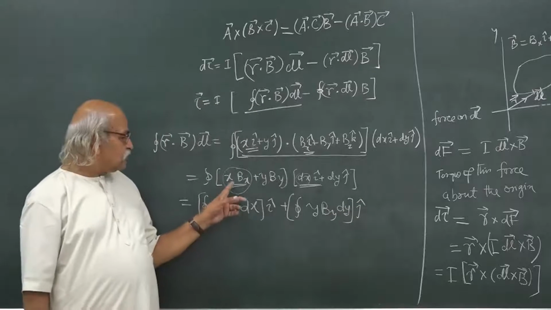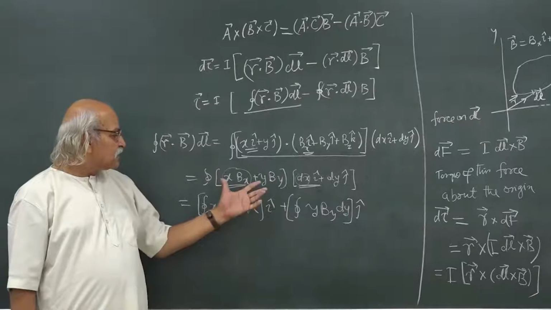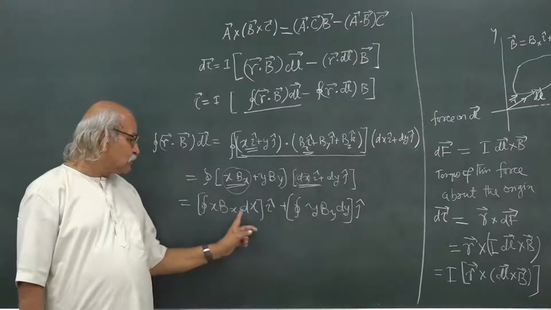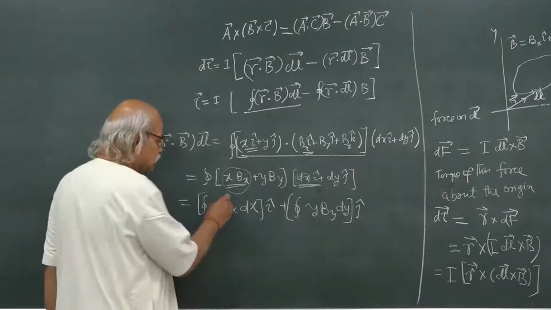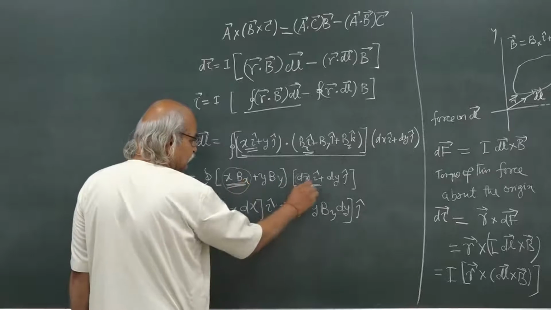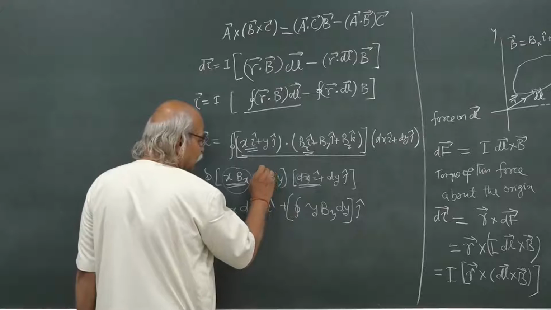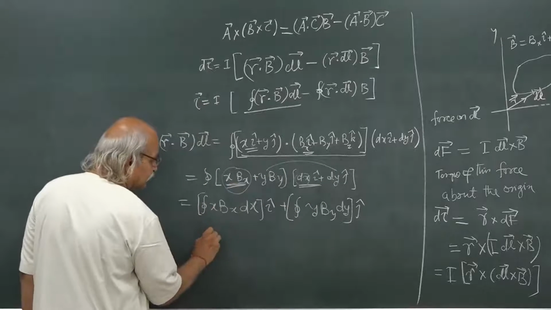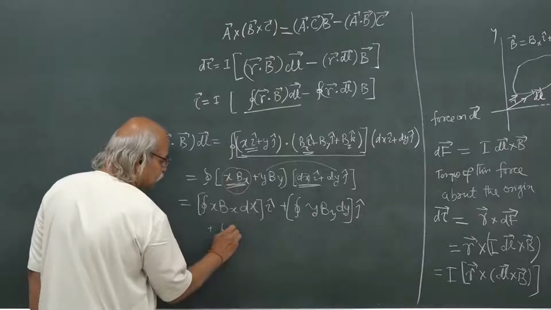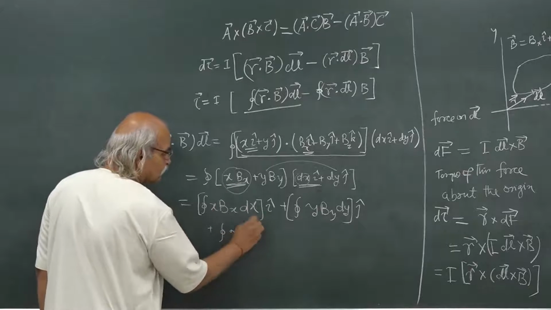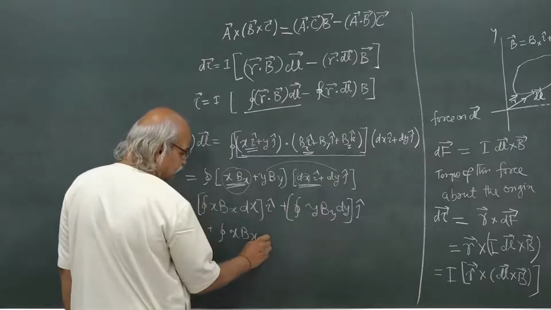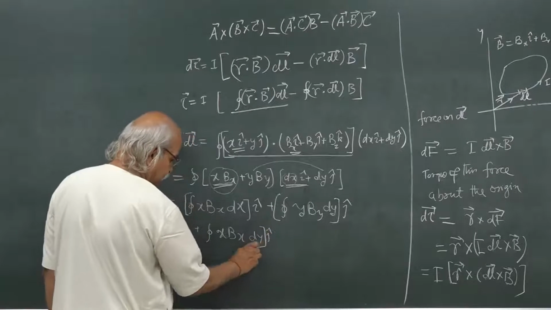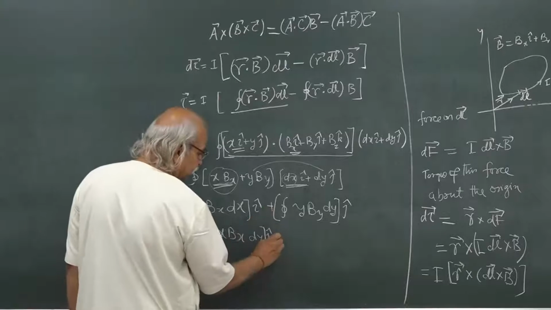Okay. Once again, I am opening this bracket. There are two terms here, there are two terms here. So you will have four terms. So those four terms I am trying to write. So this is x bx I cap. Then we have written this y by j cap. What is left? The left thing is x bx and then this dy j cap, and then plus here.